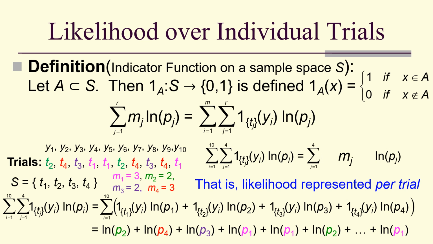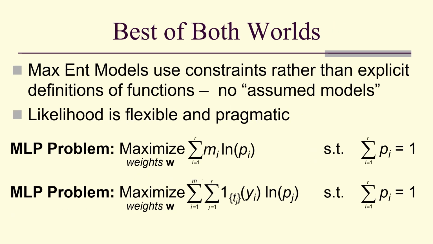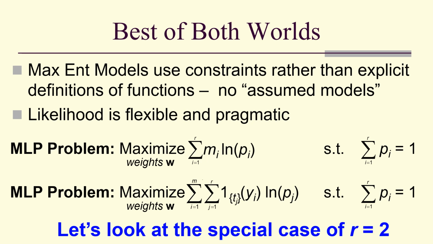In other words, likelihood is represented per trial. So we have the flexibility of the maximum likelihood problem, including over individual trials.